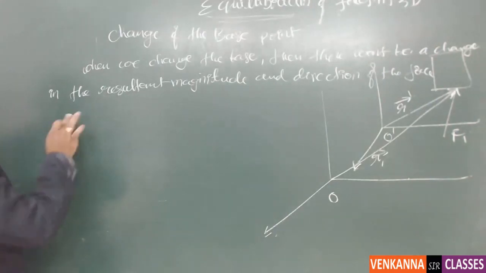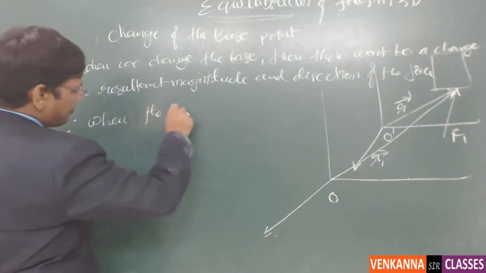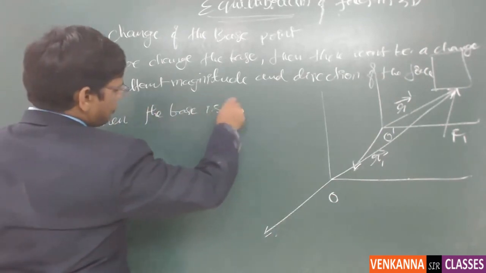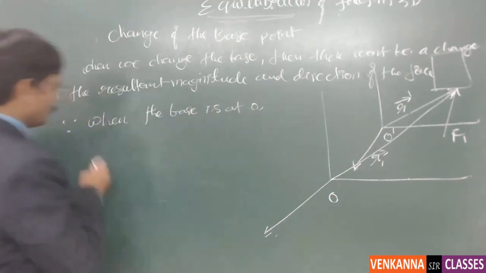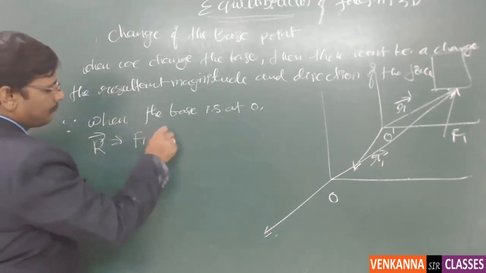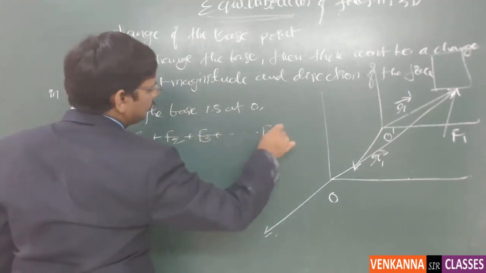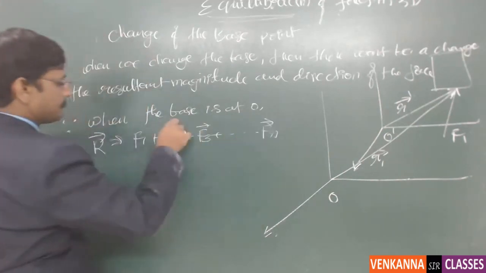Since when the base is at O, R is equal to F1 plus F2 plus F3 plus ... plus Fn.